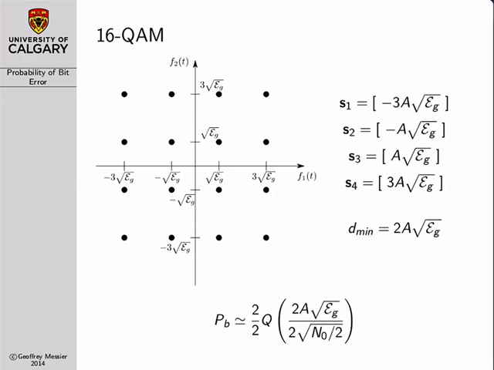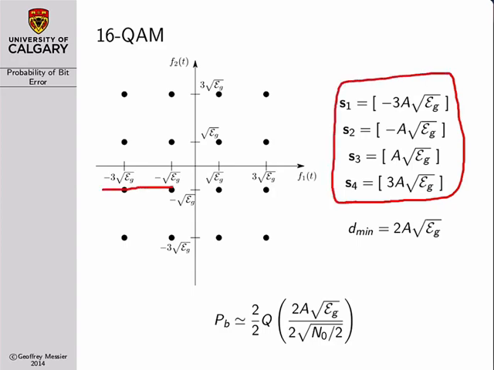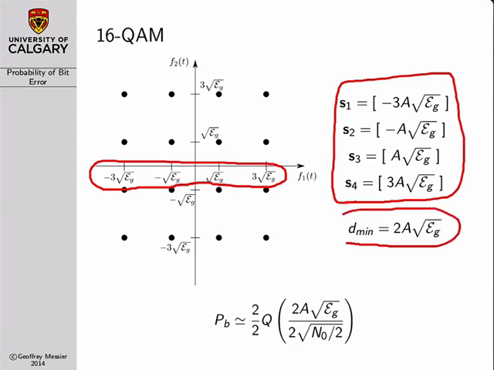And so when we do our minimum distance calculation, rather than looking at 16 signal vectors, we only look at 4. And these signal vectors have amplitude values that, it's kind of hard to see probably on the video because it's compressed, but these signal vector values are the same values along the x and the y axis. And the minimum distance then is equal to twice the amplitude times the square root of the energy per pulse.